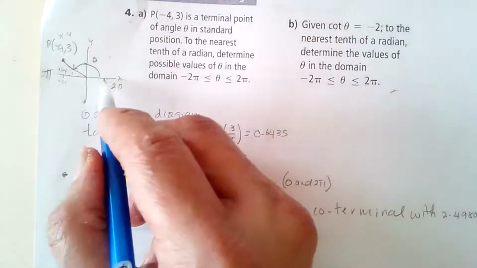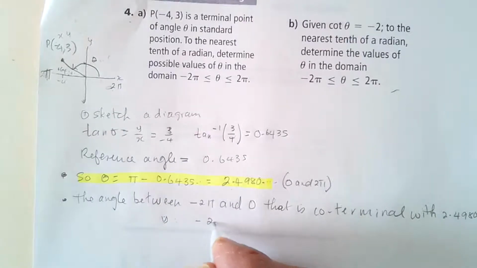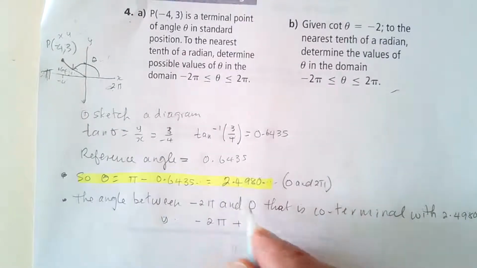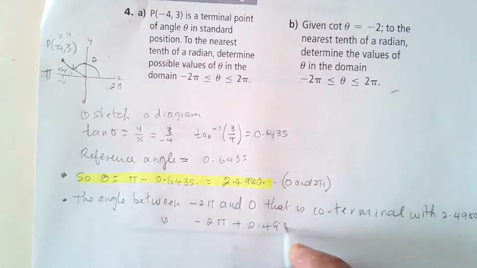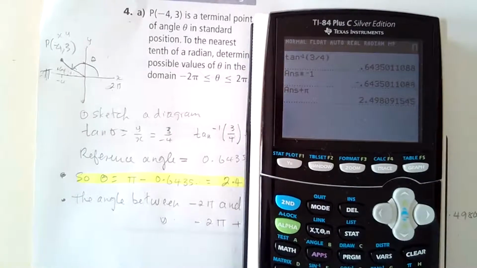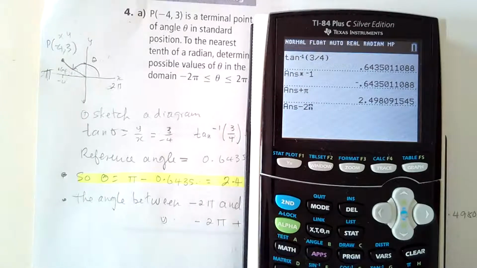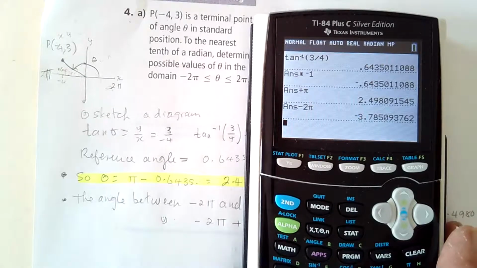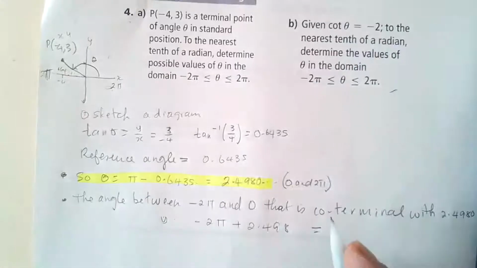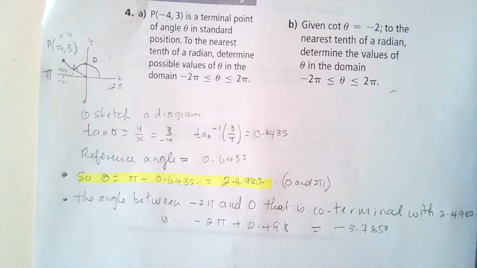So now we go in reverse, which is negative 2 pi plus 2.498, which gives us negative 3.7850.